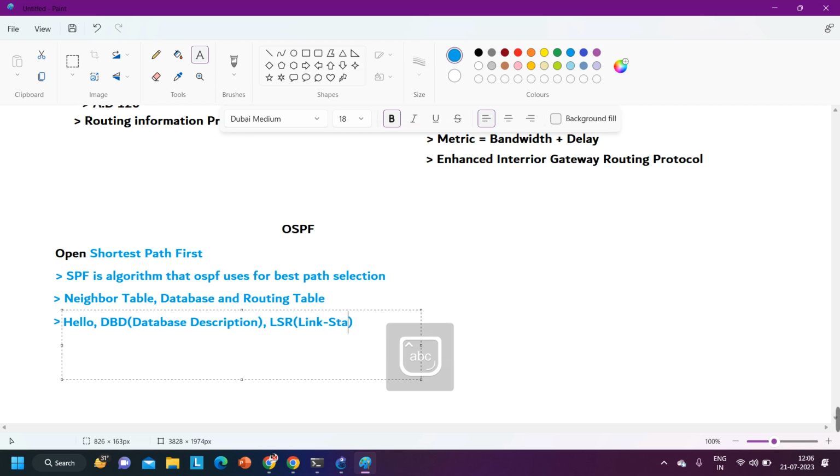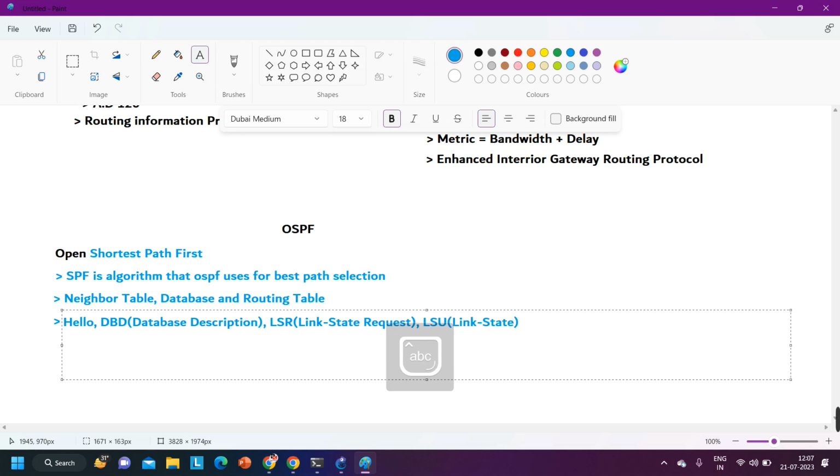As you know, OSPF is a link state routing protocol; I forgot to mention that important point. Then the next type of message is LSU, link state update.